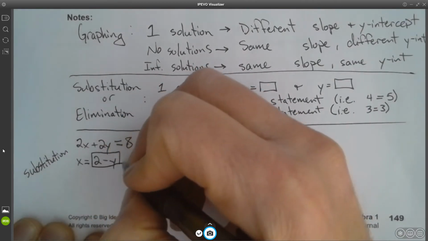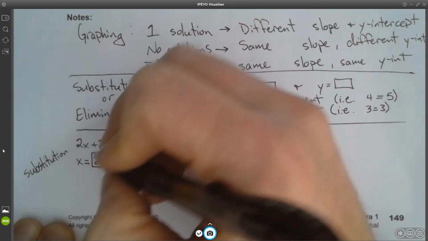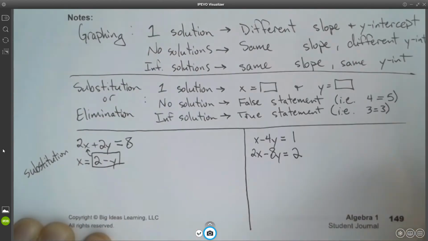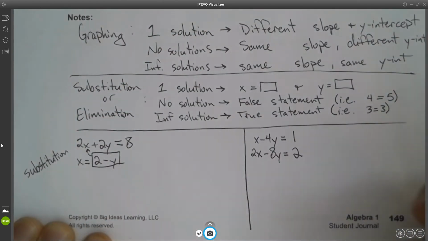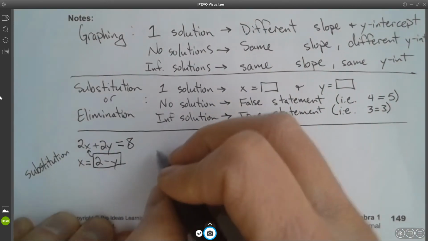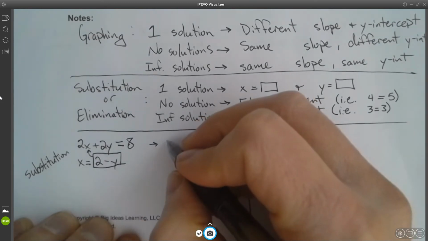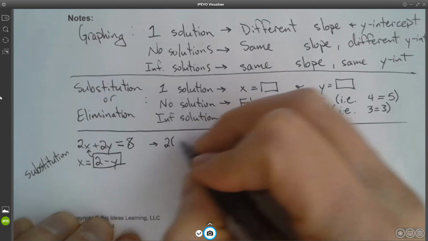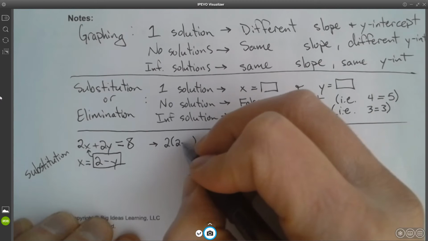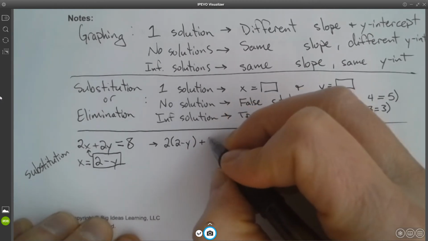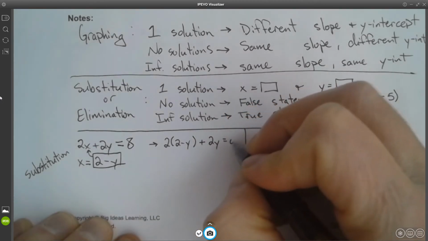So I could use that to substitute into the first equation for the x value. Instead of x, I can use 2 minus y, and then finish writing the rest of the equation.